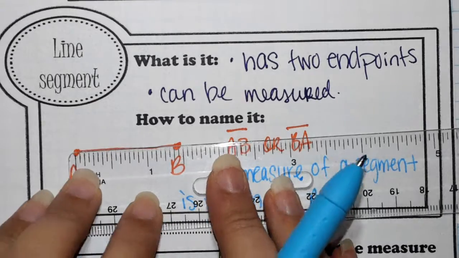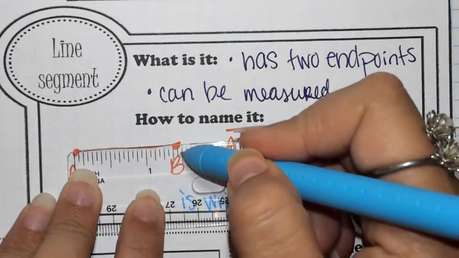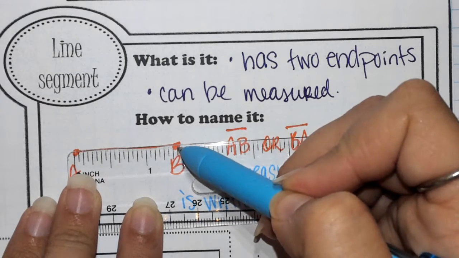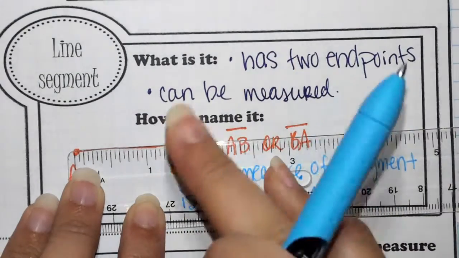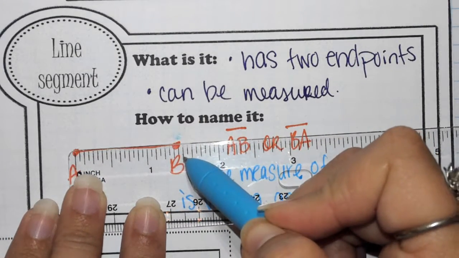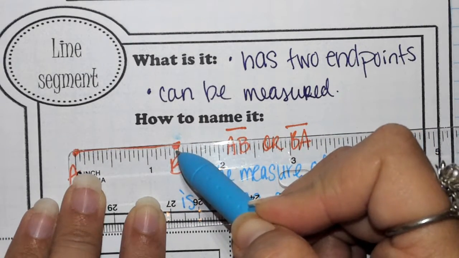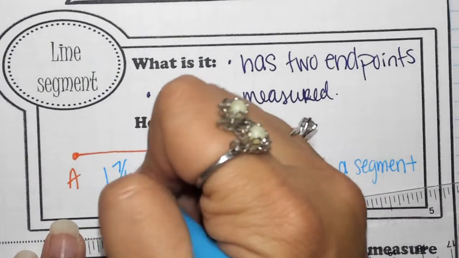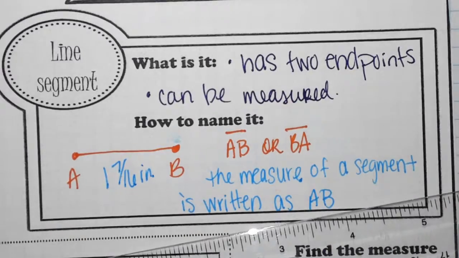Alright, so the length of my segment, this is 1.5 right here. Does it stop at 1.5 or just short of it? 1.5 is right here. So my line segment's right here, right? So that's not 1.5. That's 1 7/16 of an inch.